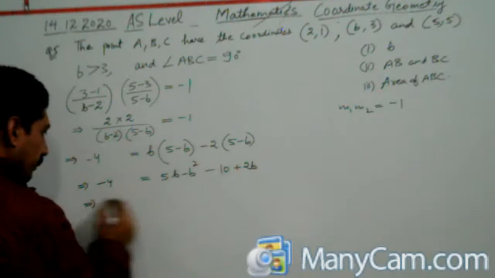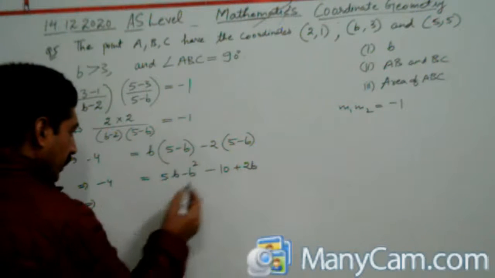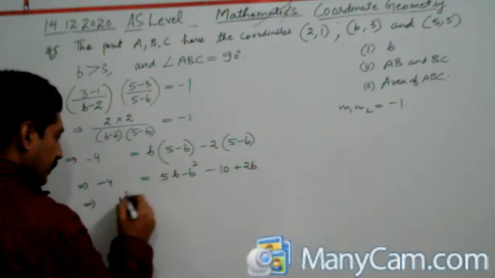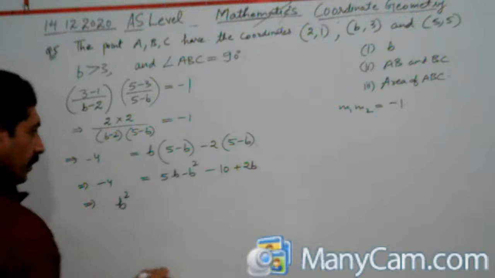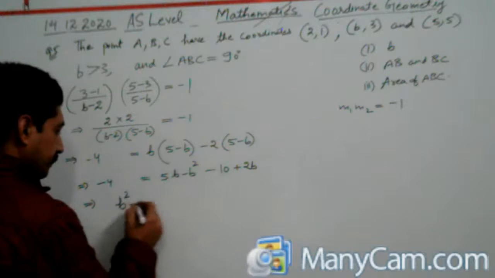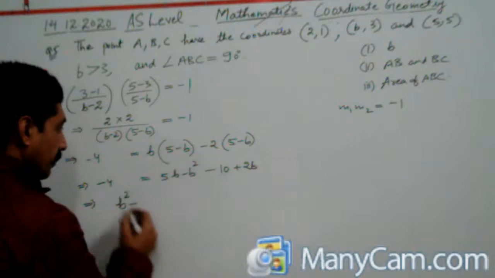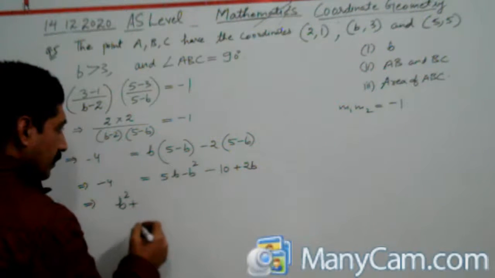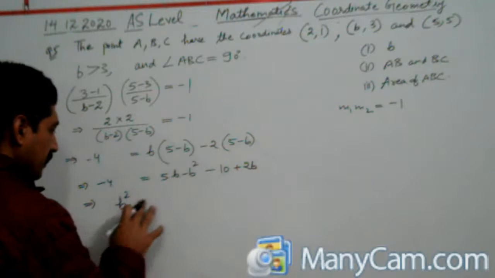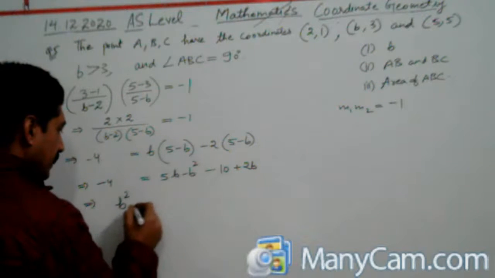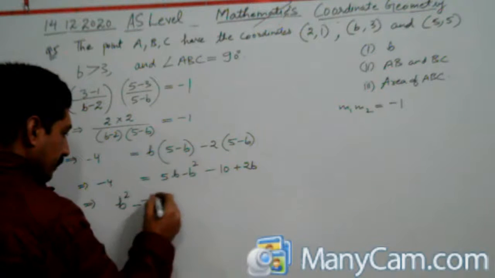So here all these numbers beside b square, b square is positive, changing the sides, then here it is 7b minus of 7b, right?